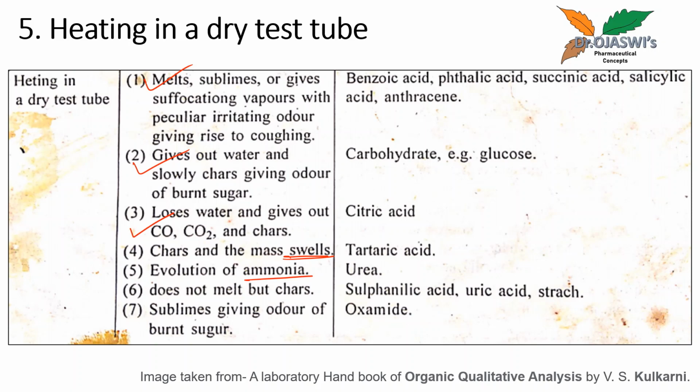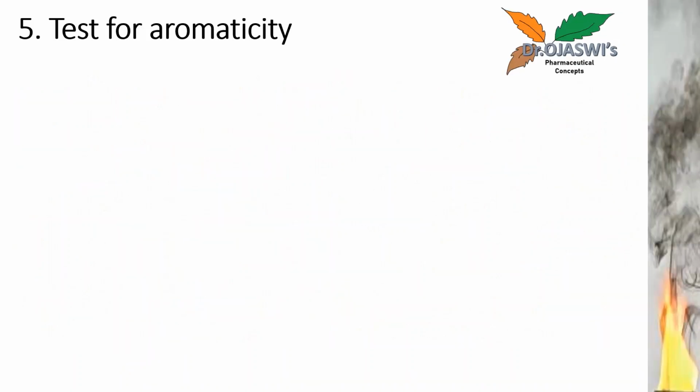All these observations can be made and the respective inferences can be drawn. This table I have directly taken from the Handbook of Organic Qualitative Analysis by respected V.S. Kulkarni.